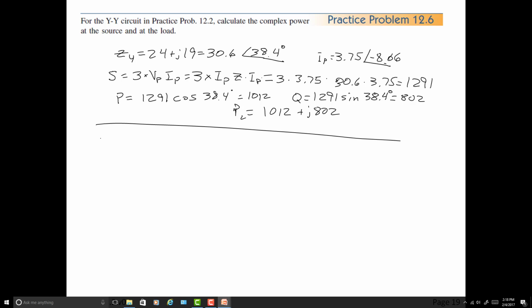Okay, so the source power is going to be, I'll put the load up here, 3 times VP IP, but this has to be conjugate math now, right?